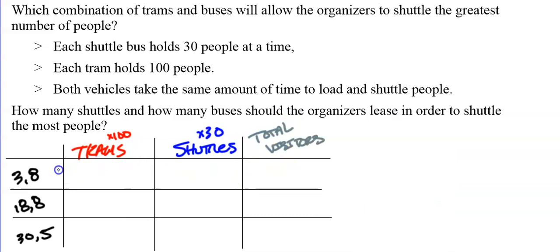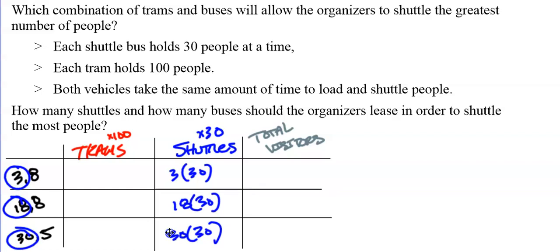So we're going to take 3 times 30 for the shuttles, 18 times 30, and then 30 times 30. And for the trams, 8 times 100, 8 times 100, and then 5 times 100.